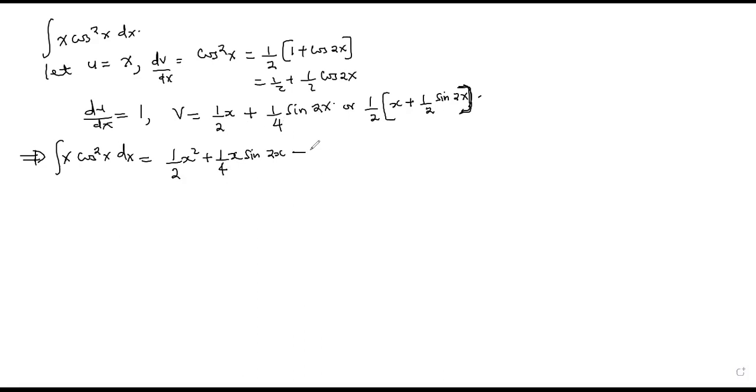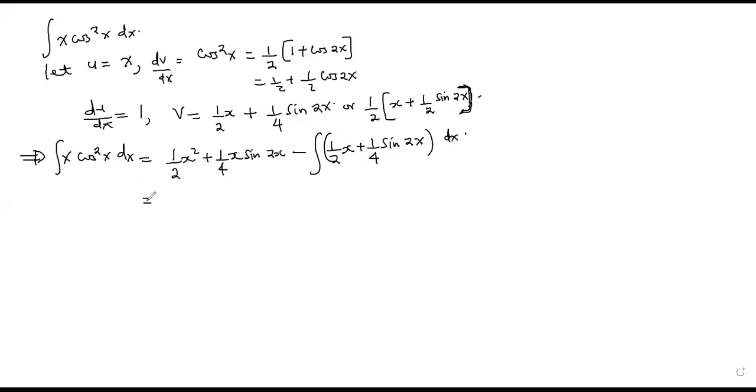Then minus the integral of v du dx. Du dx is 1, but v is a half x plus a quarter sine 2x, everything dx.